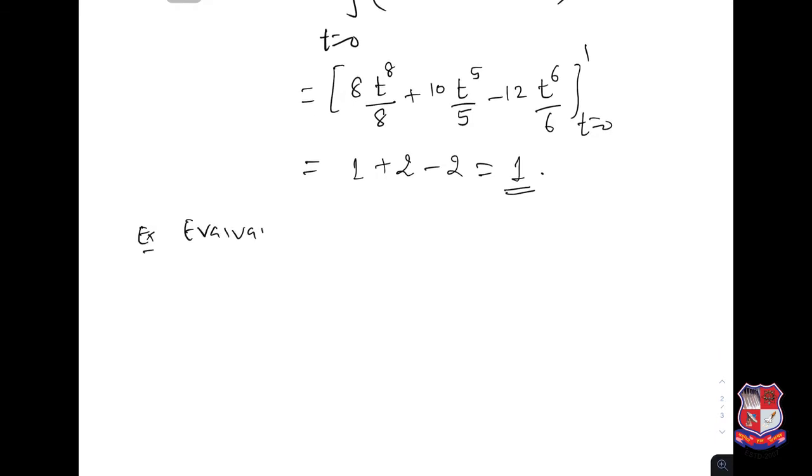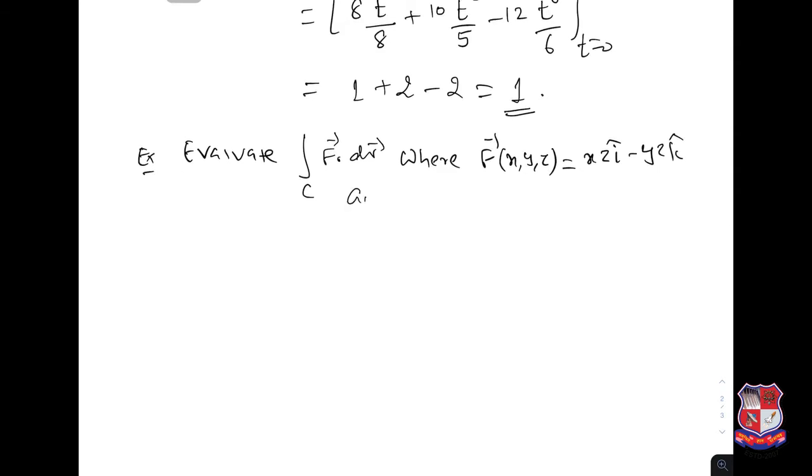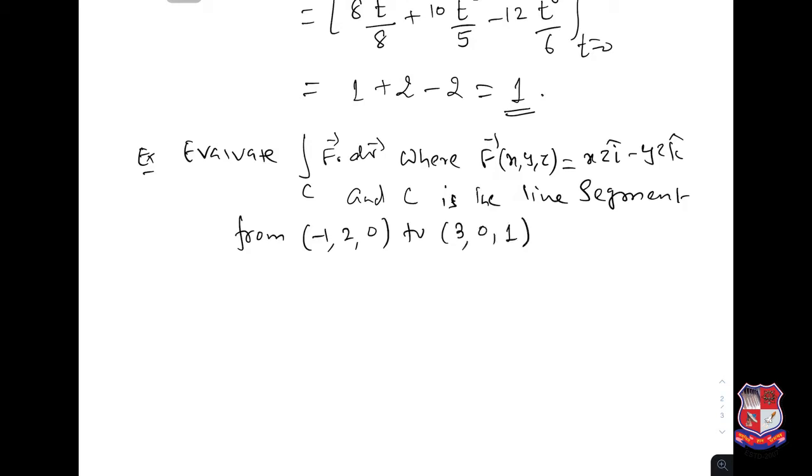Evaluate the integration along C of f dot dr, where f is xz i minus yz k, and C is the line segment from (-1, 2, 0) to (3, 0, 1).